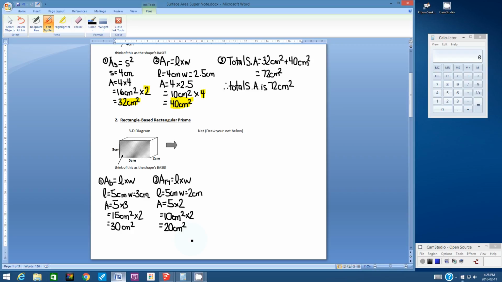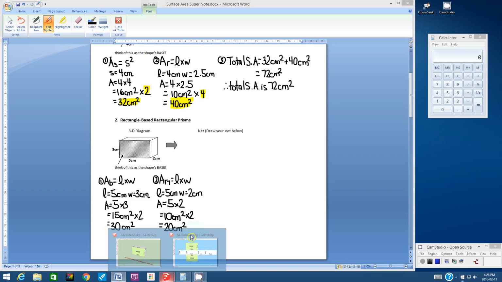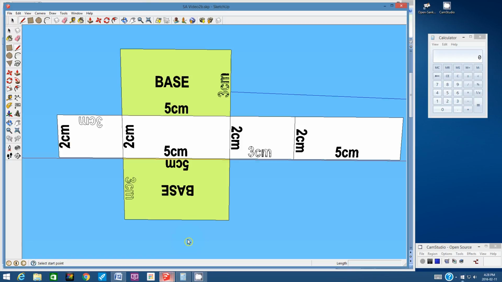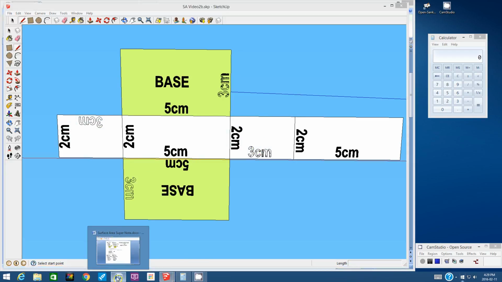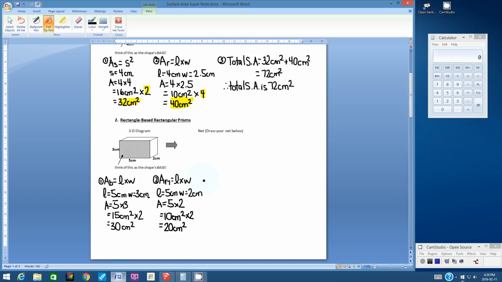Okay, so we have one more rectangle to take care of here, and its dimensions are going to be 3 by 2. Let's have a look at it. 3 by 2, and there are two rectangles that look like that. So let's go back here. We have now a third part of our solution. Area of rectangle 2 equals length times width.